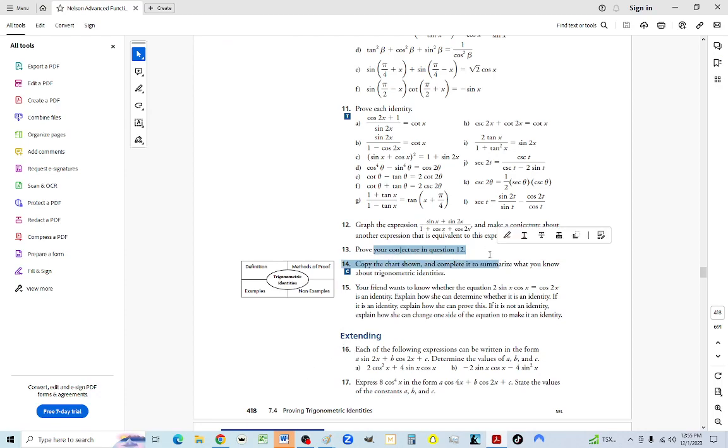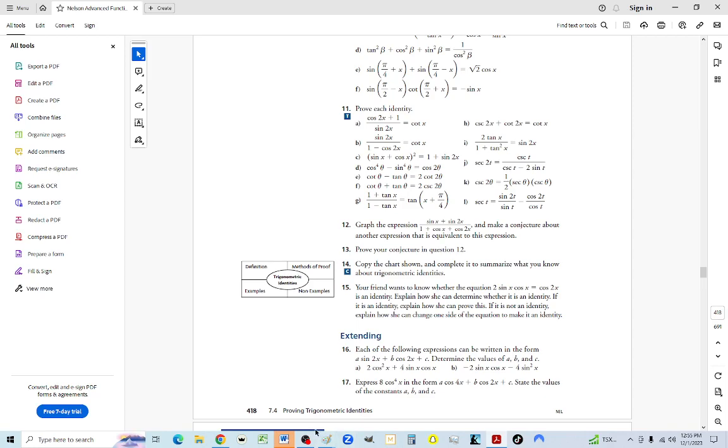Graph, no. Prove your conjecture, no. Copy the chart, no. 8 cos to the 4. That's interesting. So you'd have to reverse that. I don't know.